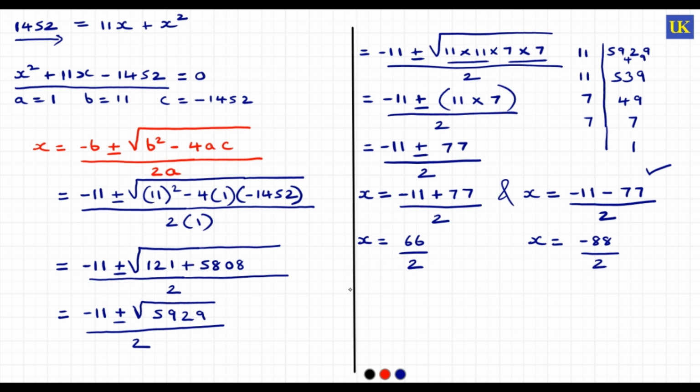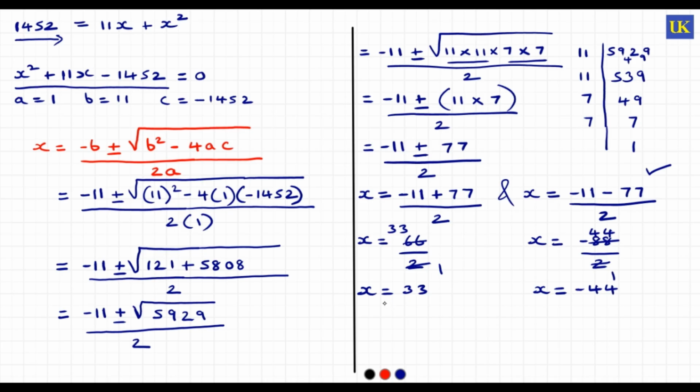So here 2 ones are 2 and 2 threes are 6. So the x value is 33 here, and here what we will get, 2 ones are 2, 2 fours are 8, and of course with the minus sign, minus 44.